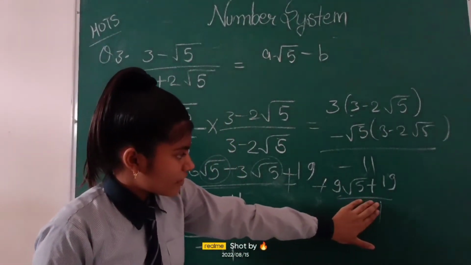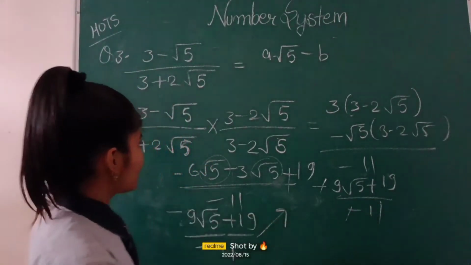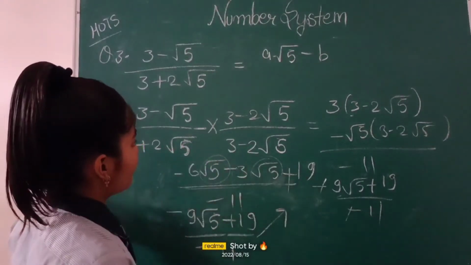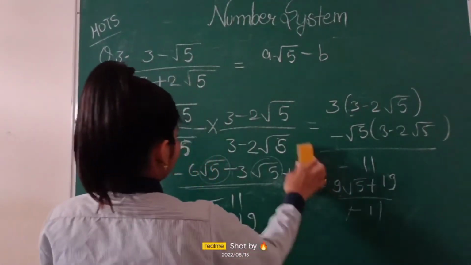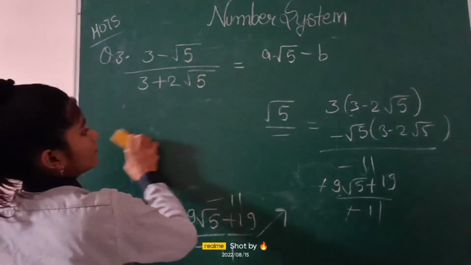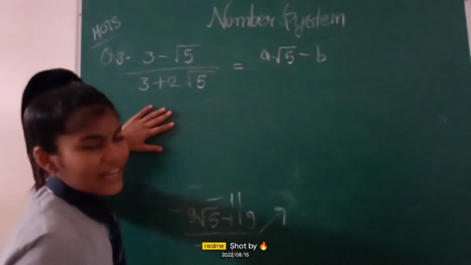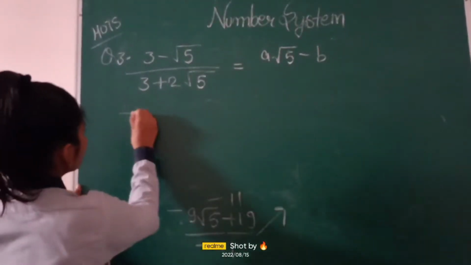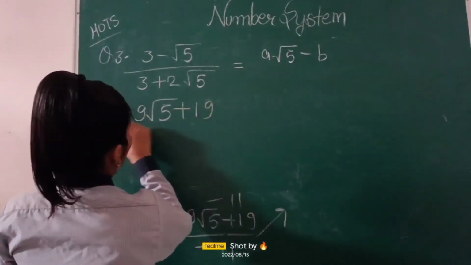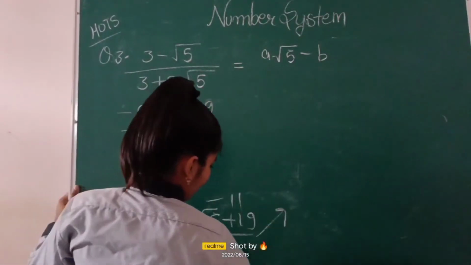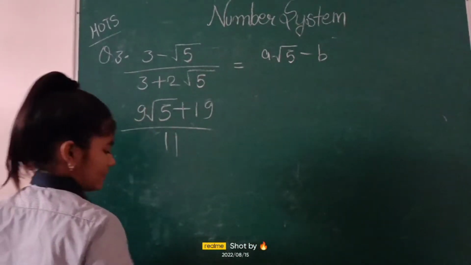Then we would take something common here, but there is no common, so we will take the value as it is. Let me rub all these things, but before that I will take the value here. After rationalizing, we got minus 9 under root 5 plus 19 by minus 11, and minus and minus will cancel.